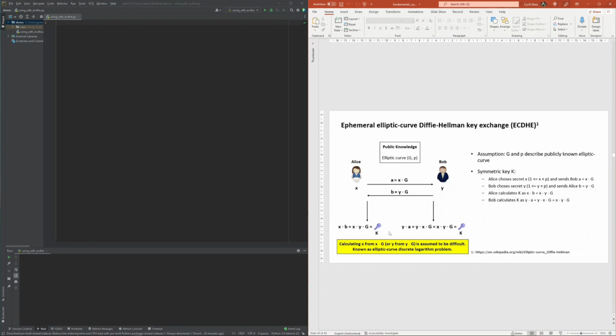This principle of exchanging only half keys, but not the full key, has also been transferred into the setting with elliptic curves, which on a conceptual level works exactly the same, but makes use of elliptic curves as the underlying mathematical entities.